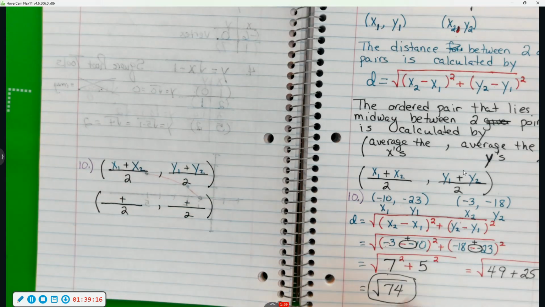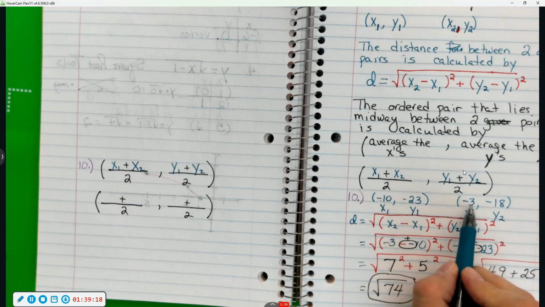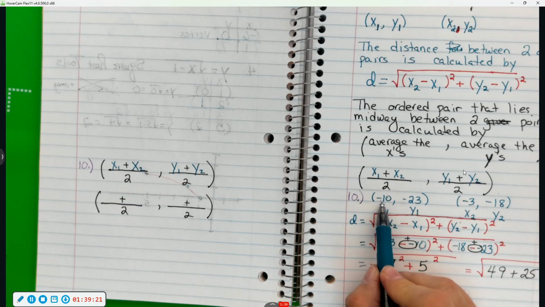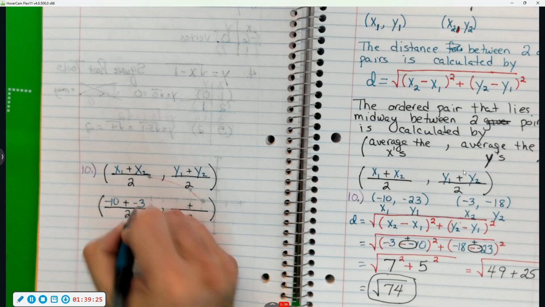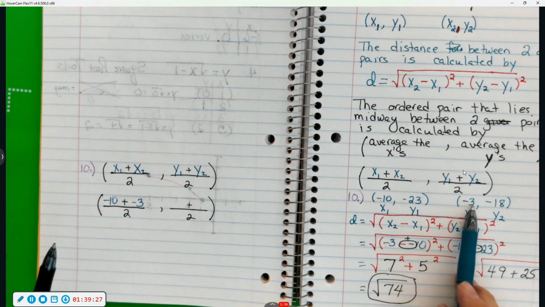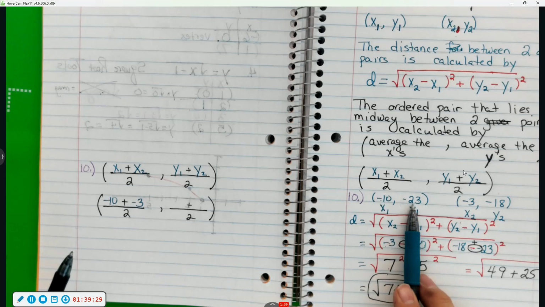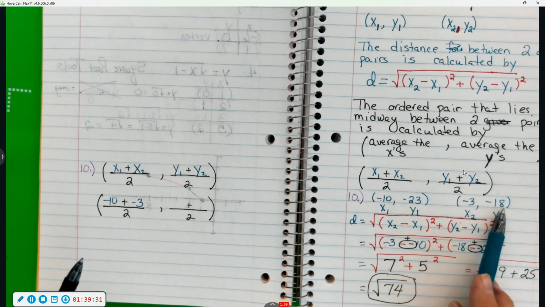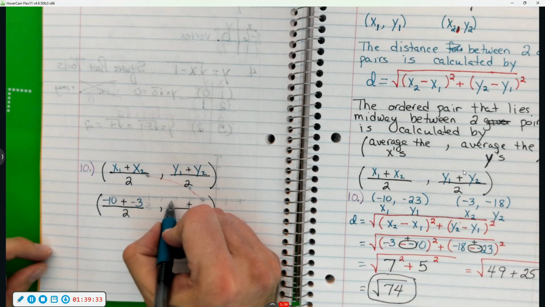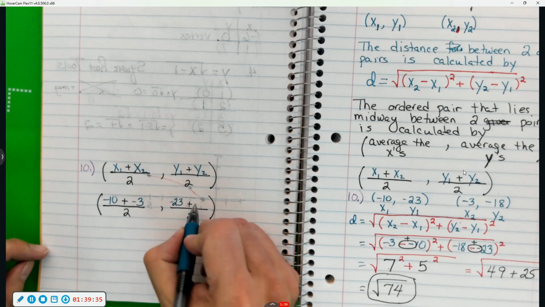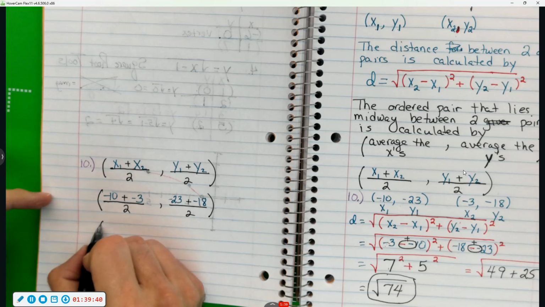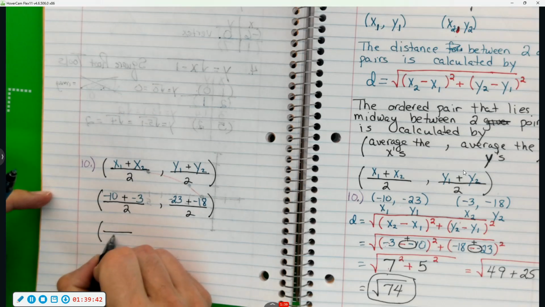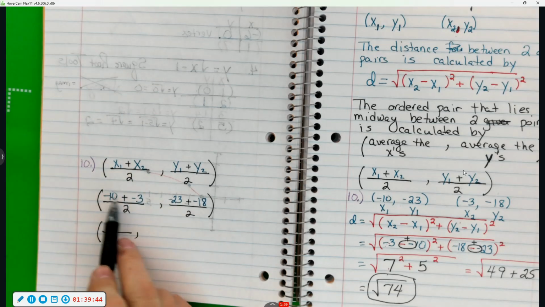So x1 plus x2, negative 10 plus a negative 3, and then negative 23 plus a negative 18. What are we getting up here on top?